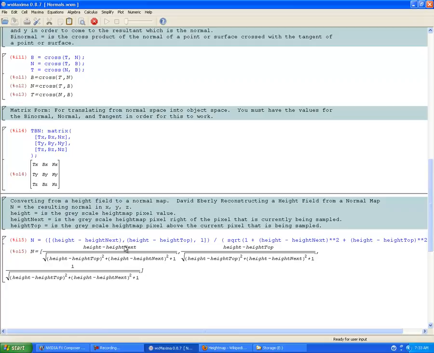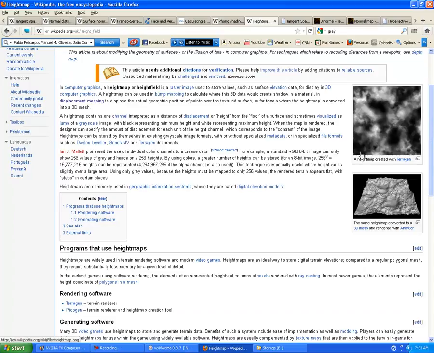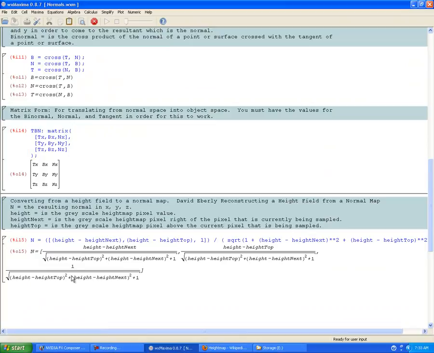So this is going to do our X going over to the right, pointing over to the right. It's going to be our X. Our green is going to be going up and down for Y. And then Z is just going to be 1 over here, because when you don't have a value for Z, it just ends up being 1.